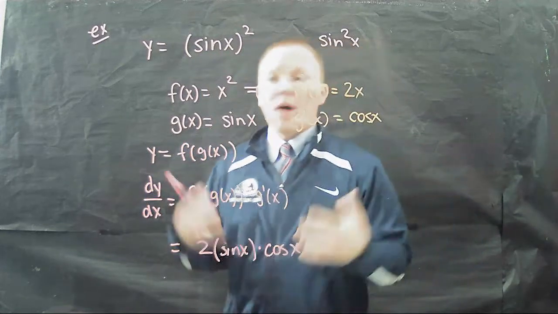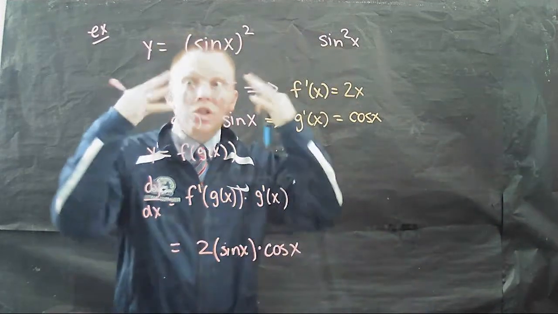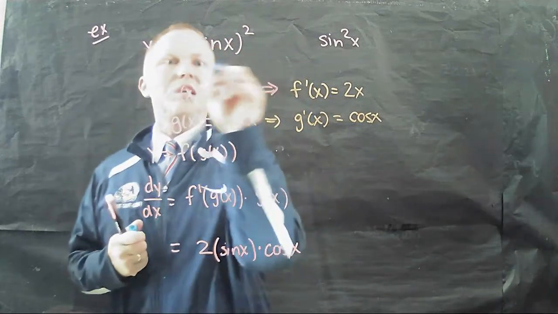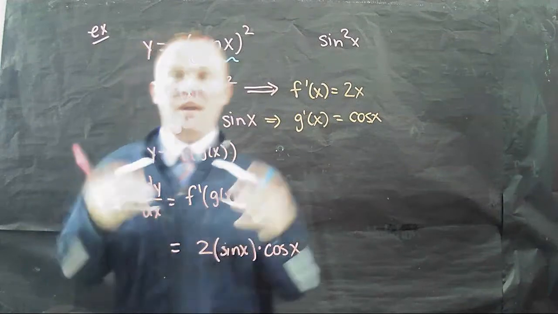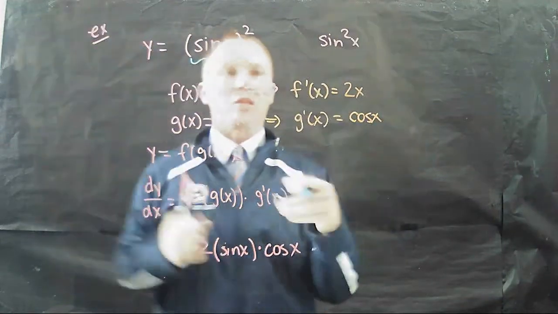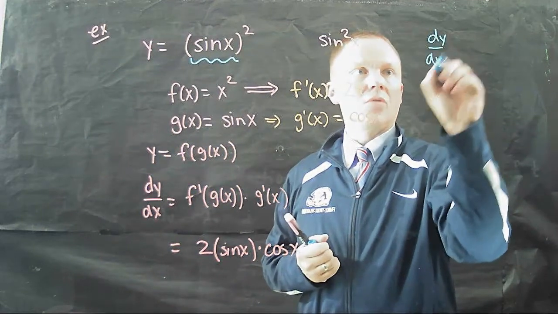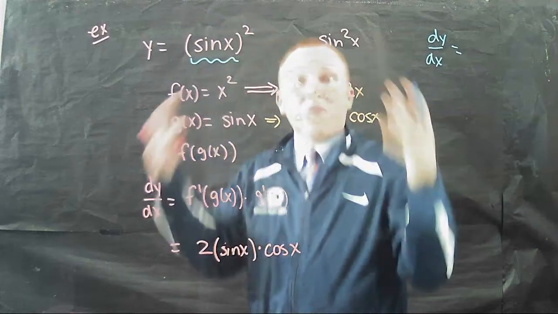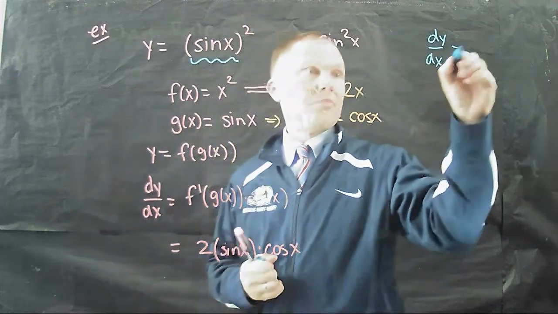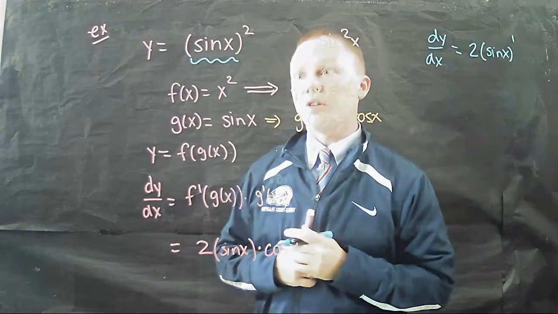Okay? Now, I don't go through this whole process each time because after you do a few of these, you can kind of just start to see it. Like you'll see that the sine of x is the inside, and then what's happening to that? It's all getting squared. So when I do this, and you will too, you're just going to look at this and say, oh, it's the derivative of the whole thing. 2 times sine of x to the first.